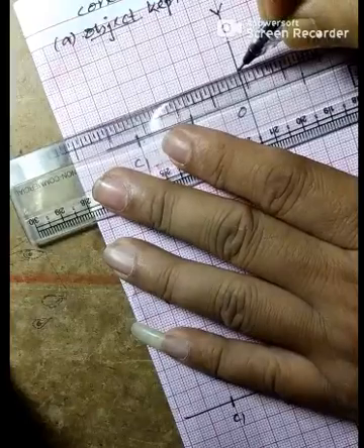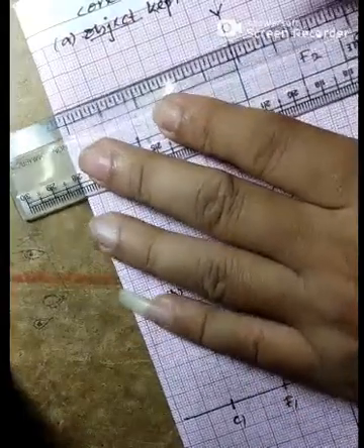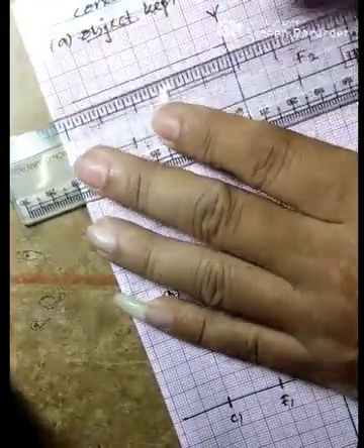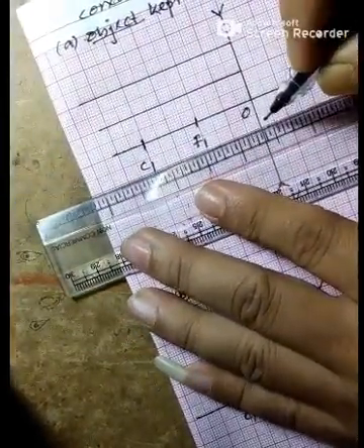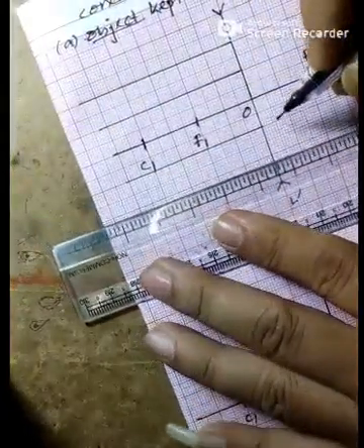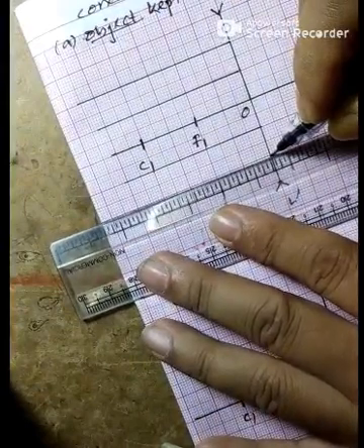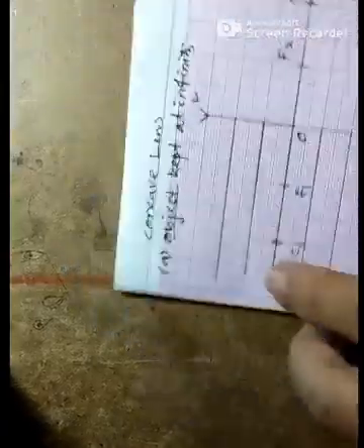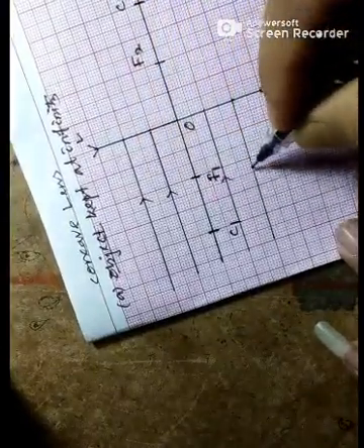So first one up, above the principal axis, and this is the second one above the principal axis, and this is the first one down, then the second one down. Okay, so mark this as an incident ray, arrow mark like this.